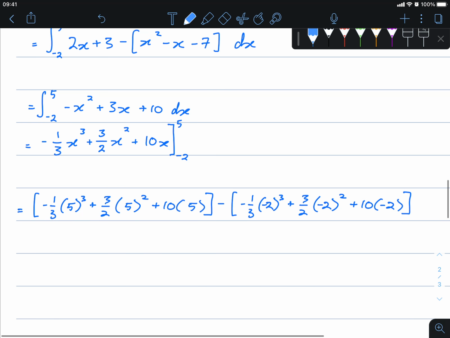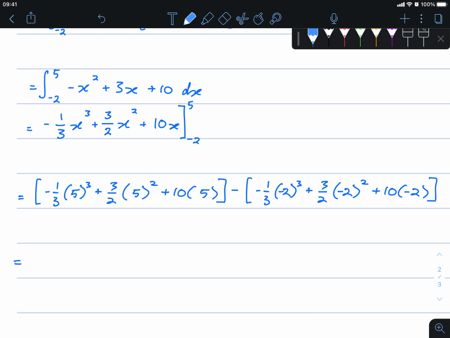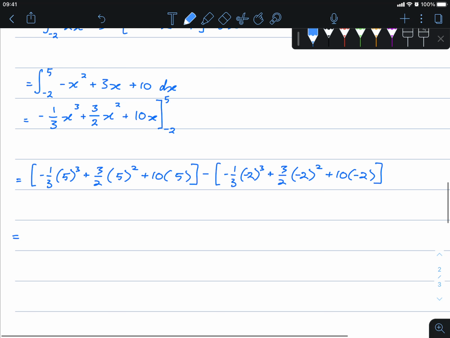At this point it's just a matter of putting all of this into the calculator. I'm going to use my physical one rather than the screen calculator. It's much easier doing this.